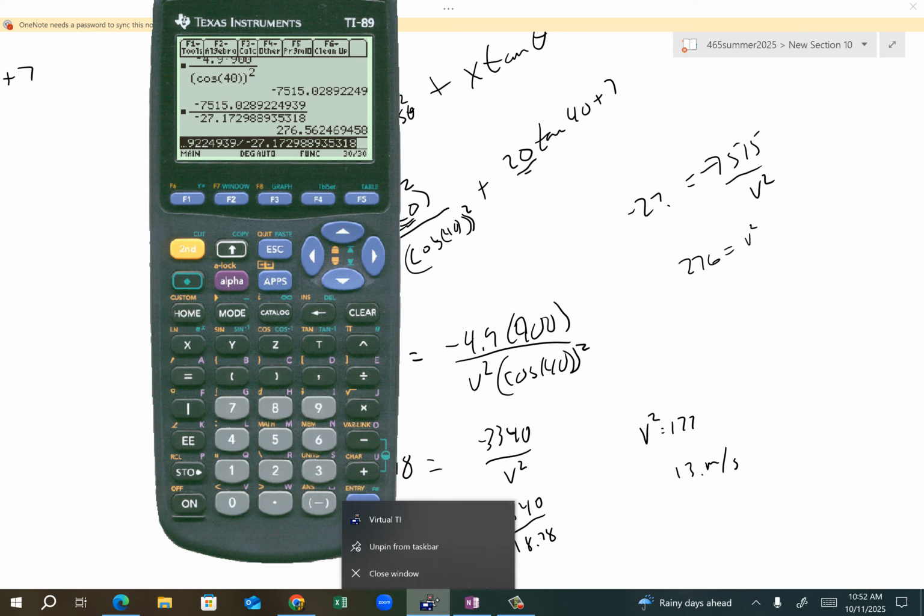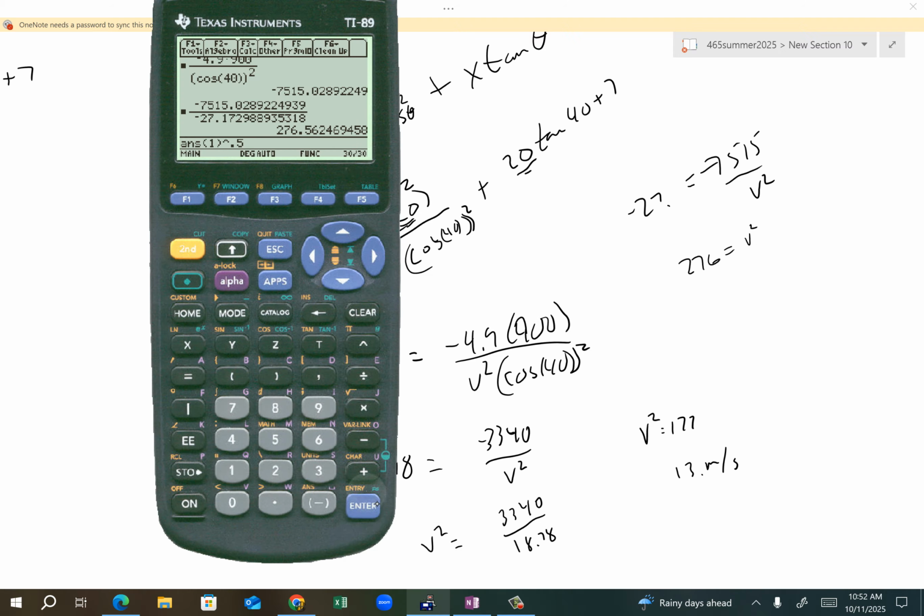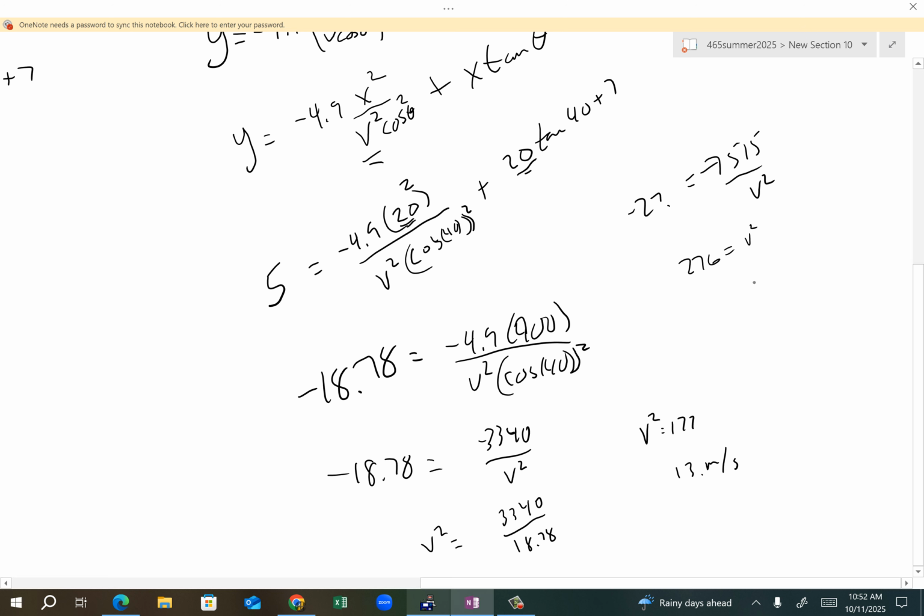And if you square root that, you get 16.6.